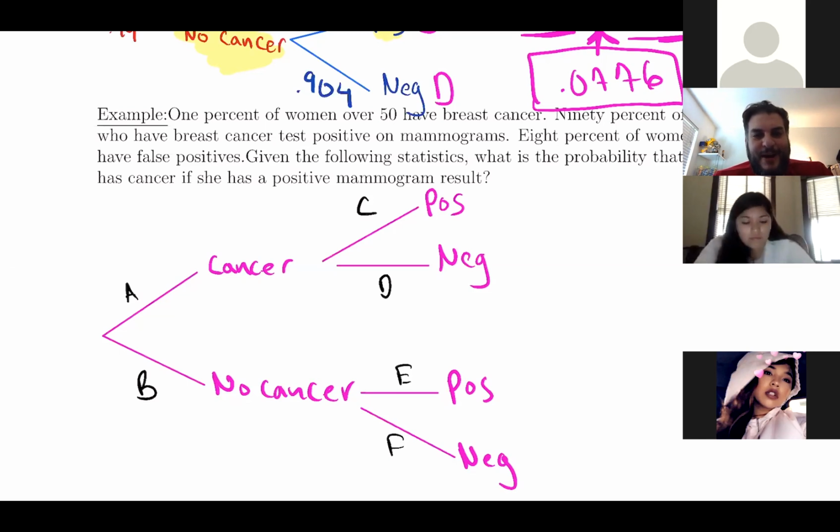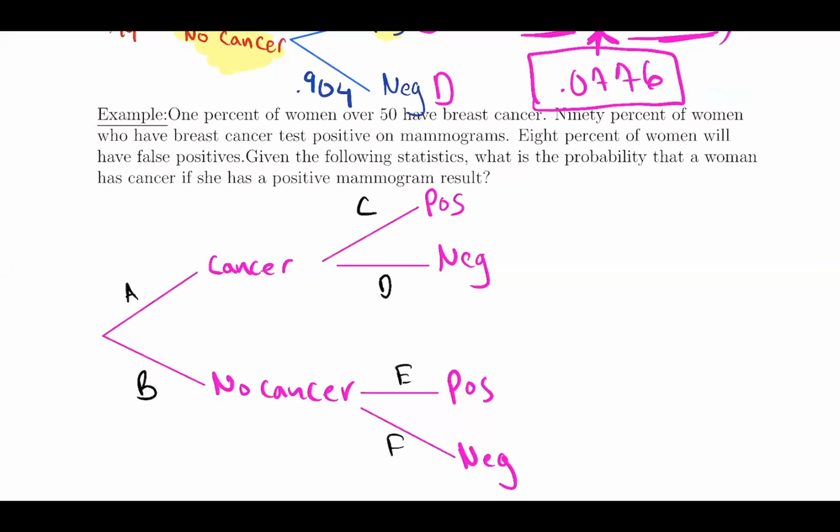All right, so I'm gonna unmute everybody so that way we can talk about what should go in A, what should go in B, what should go in C, and so on. So is A 0.01? Cool.